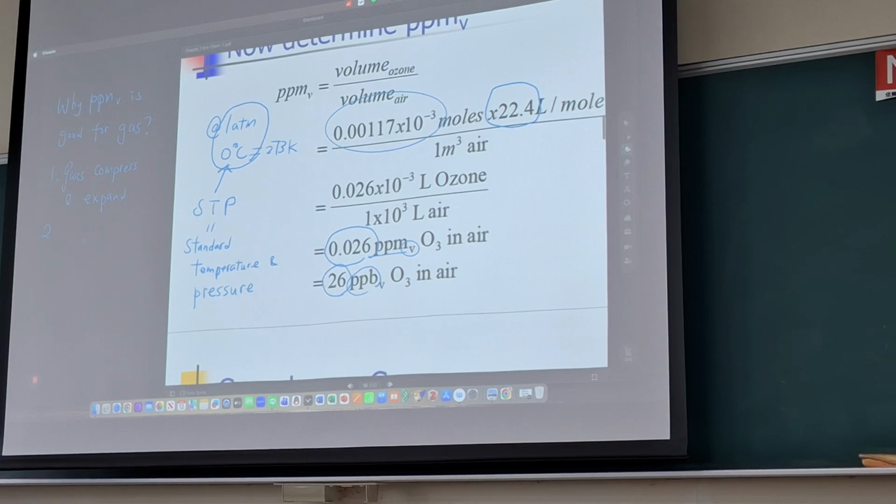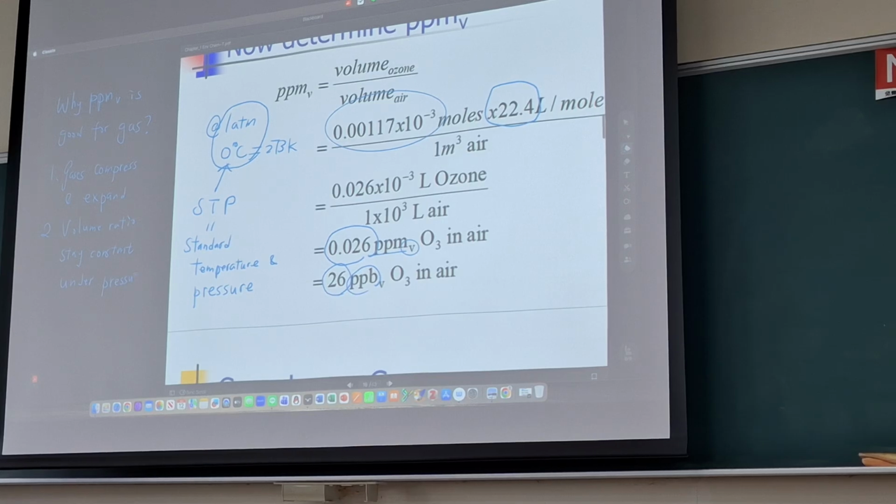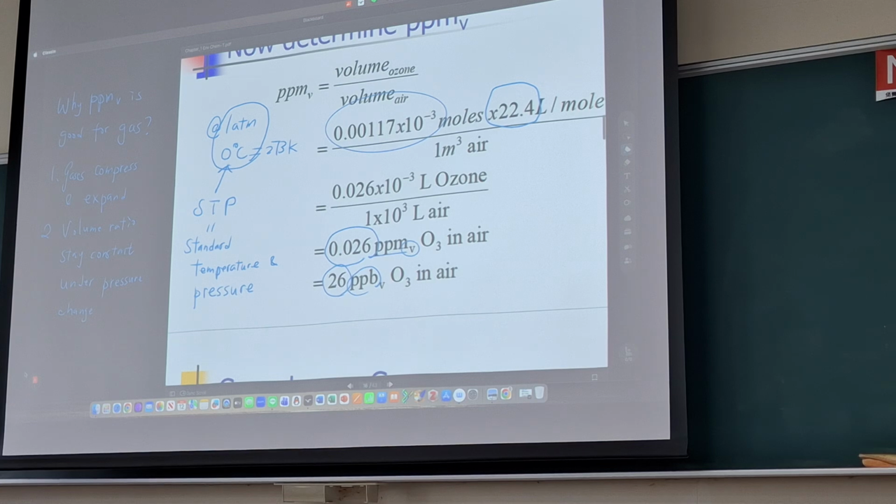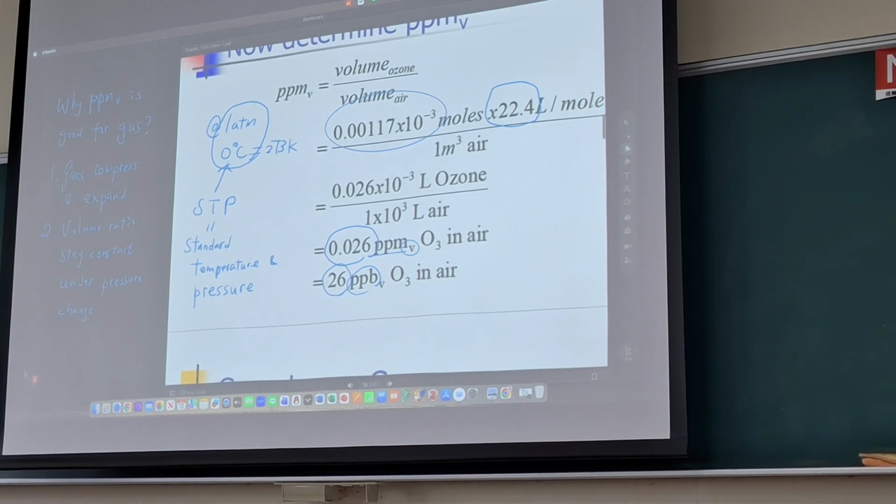Number two, if we use volume basis, the volume ratio stays constant under pressure change, so pressure change doesn't mean anything.